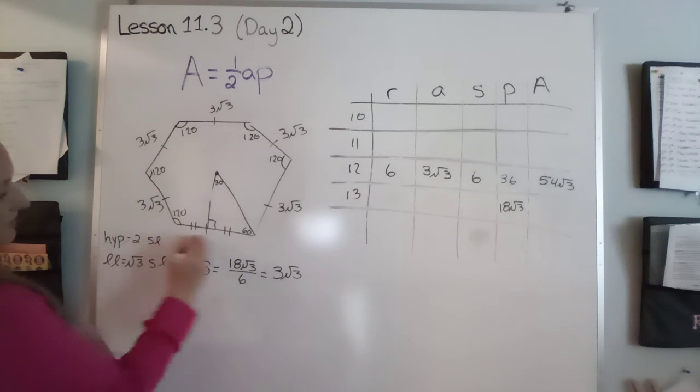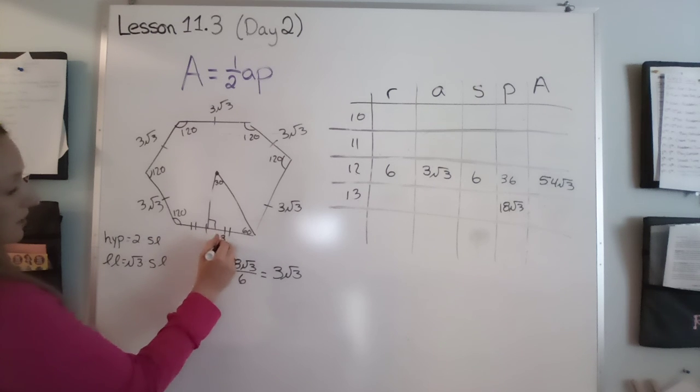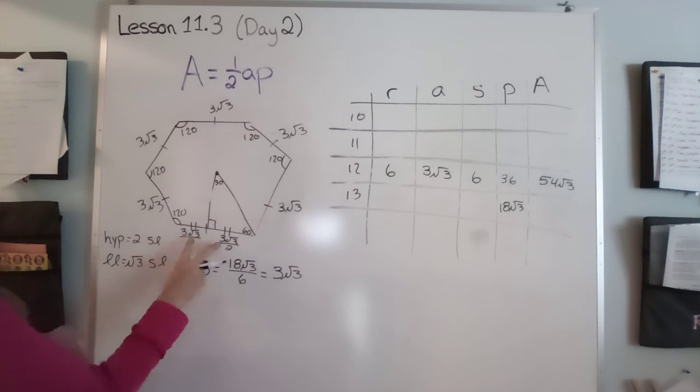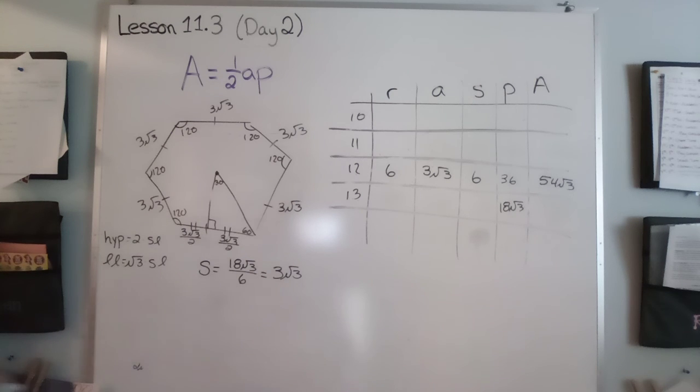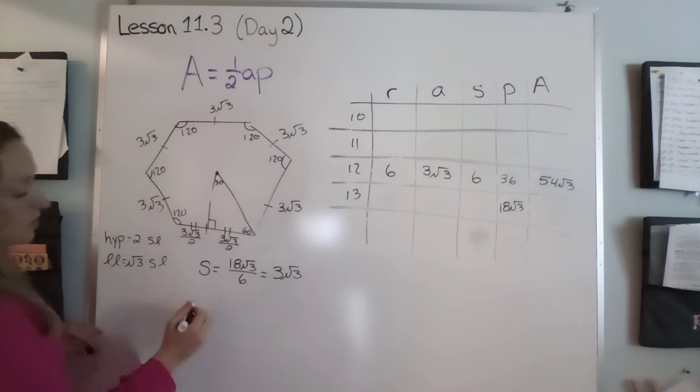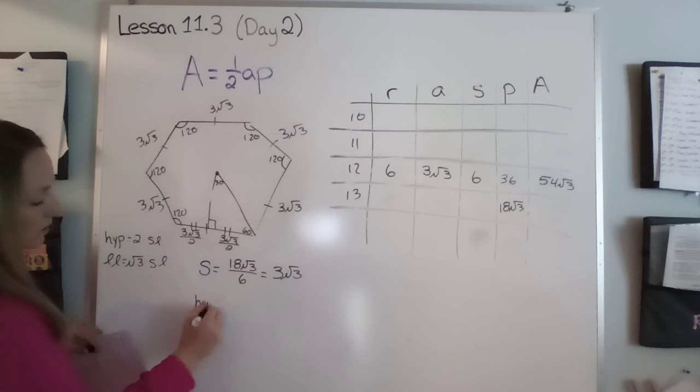All right, so if this side is 3 root 3, if you divide it in half, you have 3 root 3 divided by 2 for each of those pieces. Okay, and the reason that's important is because that is your short leg. You double that to get the hypotenuse. So the hypotenuse is equal to 2 times 3 root 3 over 2.